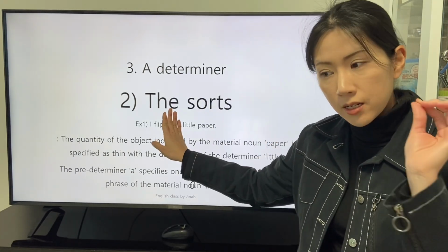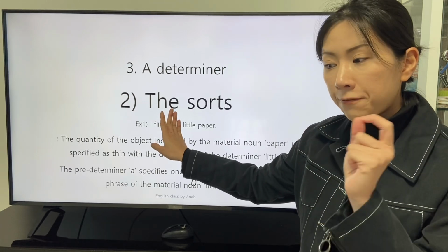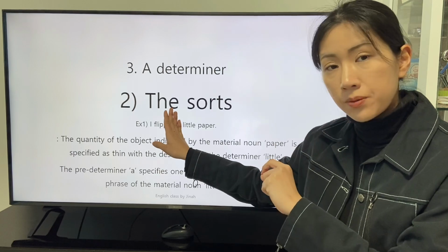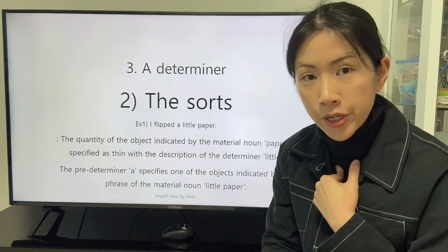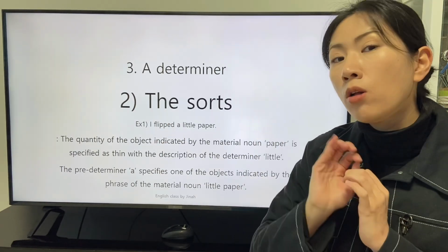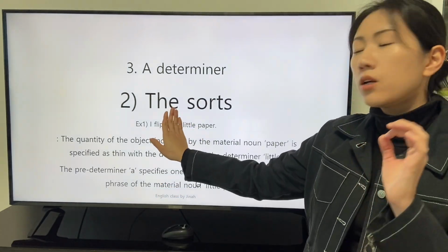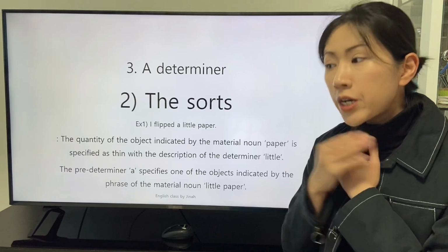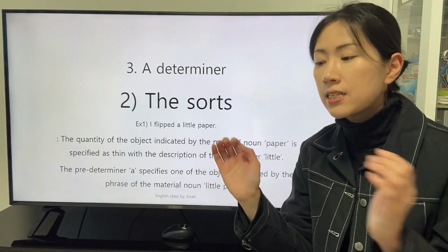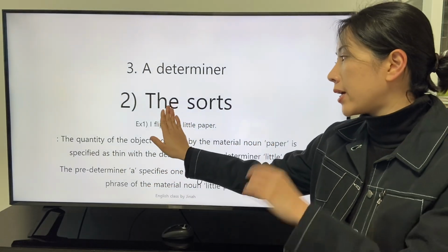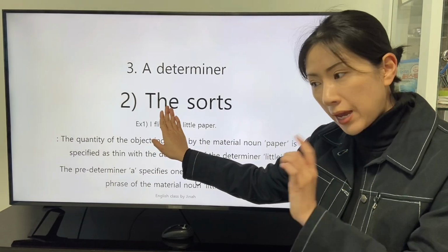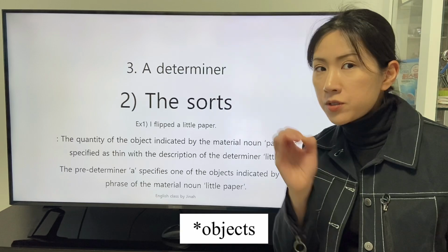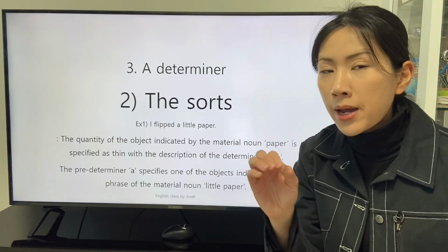The object indicated by the phrase of the noun little paper is stated by the speaker to focus on the only object indicated by the phrase of the noun little paper. But the speaker wants to emphasize that the object indicated by the phrase of the noun little paper is one of the same object with the predeterminer a.